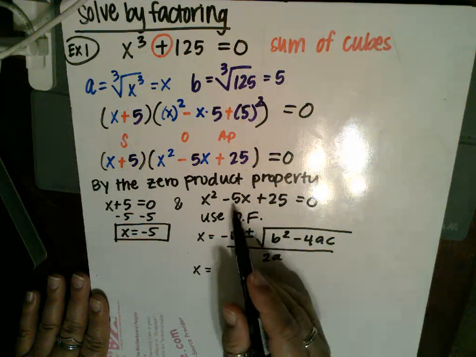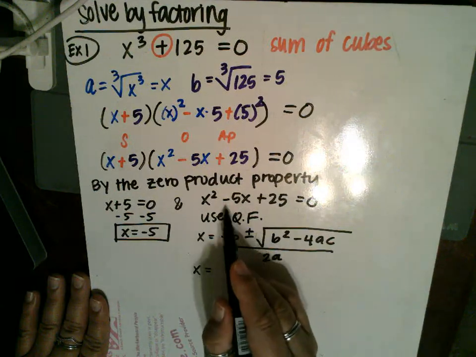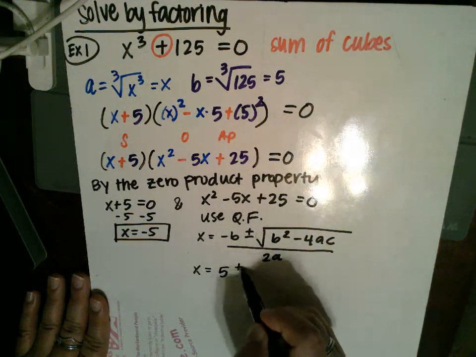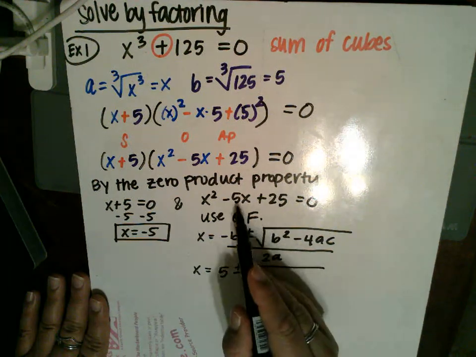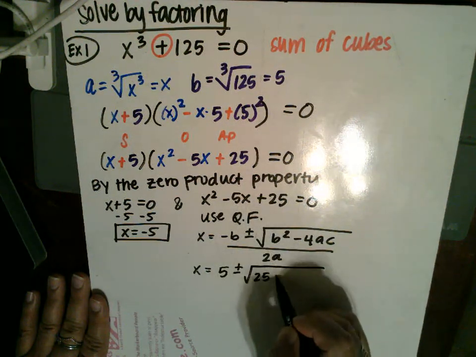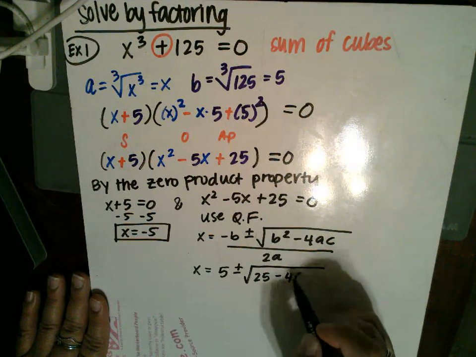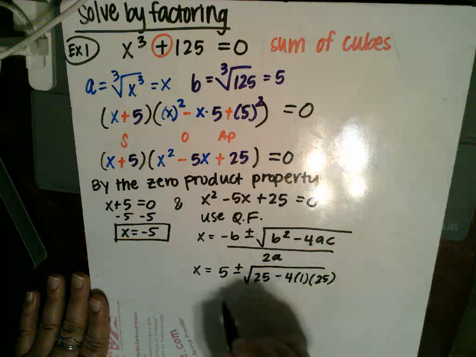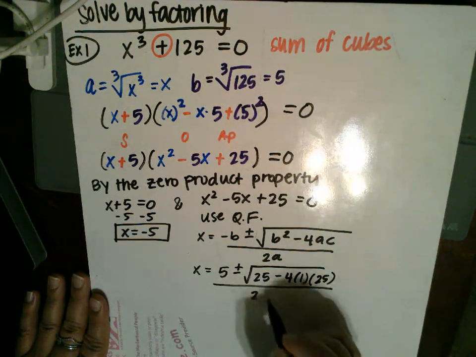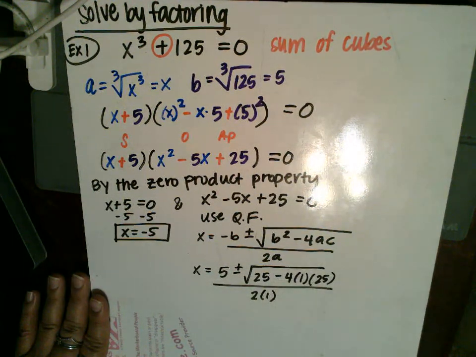I get x is equal to opposite b, so opposite of -5 is +5, plus or minus the square root of b squared, -5 squared is 25, minus 4 times a is 1, c is 25, all over 2 times 1.